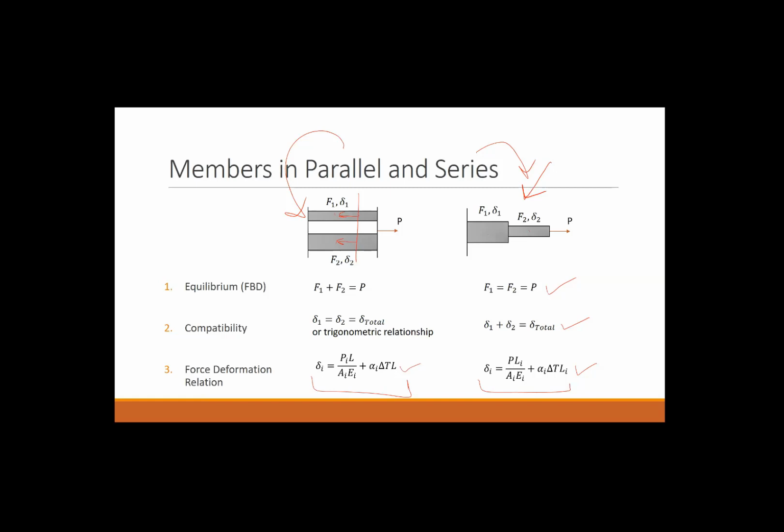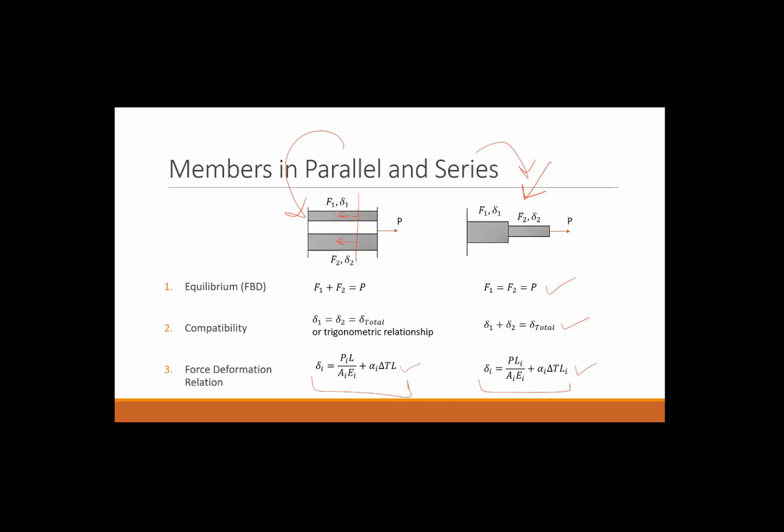So for example, if these are the same material and the same cross-section, and they're symmetric about the force, that's a special case in which you'll have equal forces in them. But they may not be the same material, they may not be the same cross-section, they may not be symmetric. There's a lot of things that could change that would make it so that they're not the same force in them.